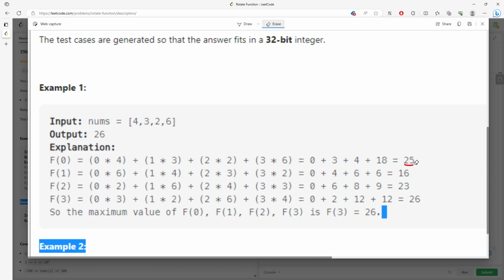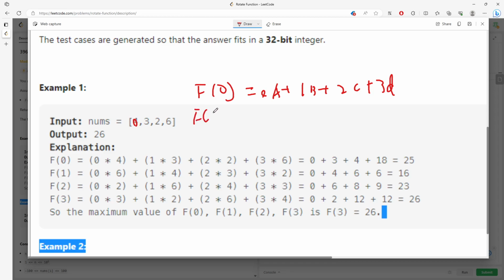So let's swap the nums to A, B, C, D. The coefficients are still the same: 0 times A plus 1 times B plus 2 times C plus 3 times D.